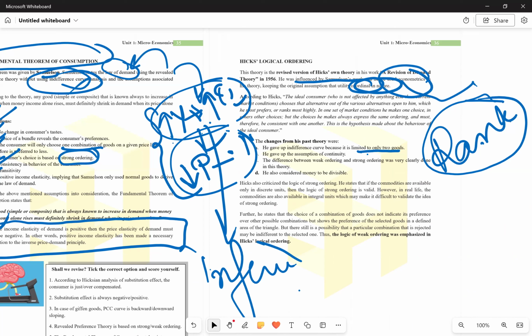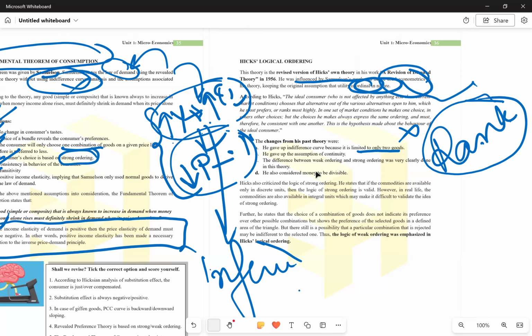For example, I'm wearing these glasses, I'm using a laptop, I'm using this pen, I have a phone next to me, I have a mouse, I have a cup, and so on. So in reality, I'm not just restricting myself to two commodities, but many commodities around me. So he gave up this assumption.